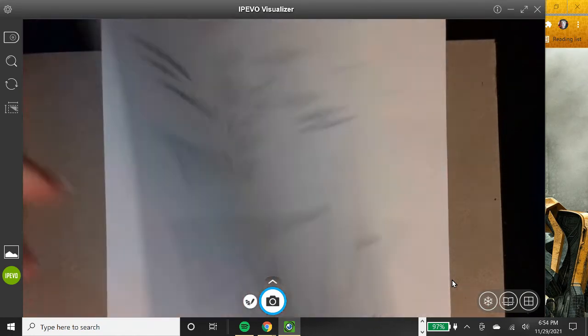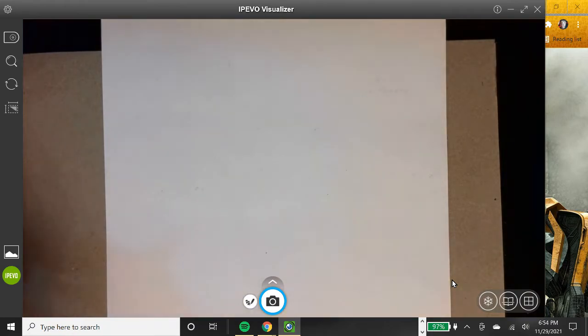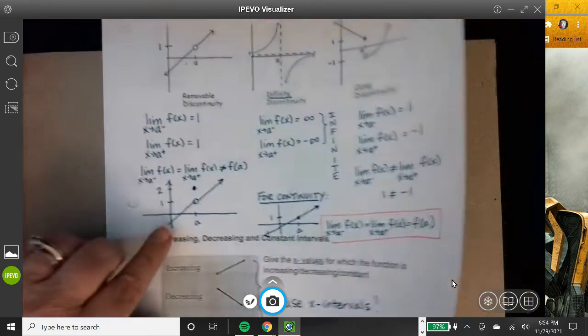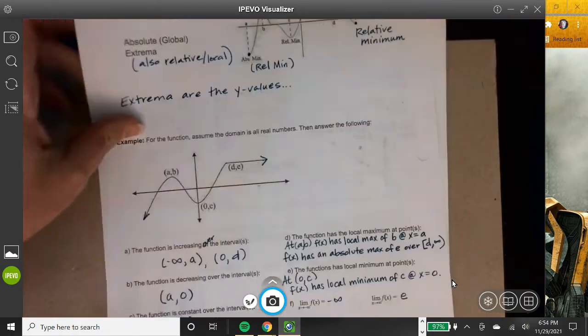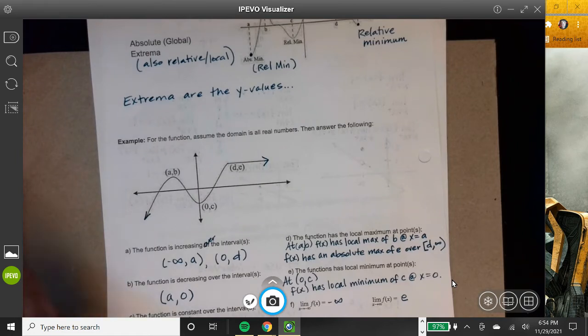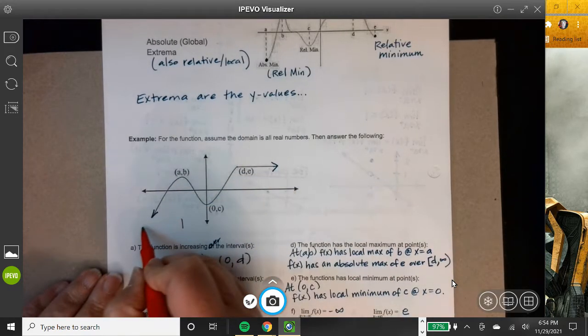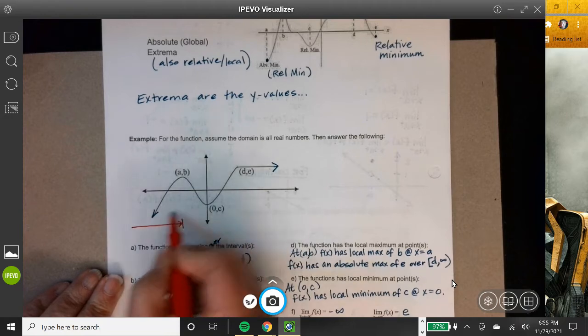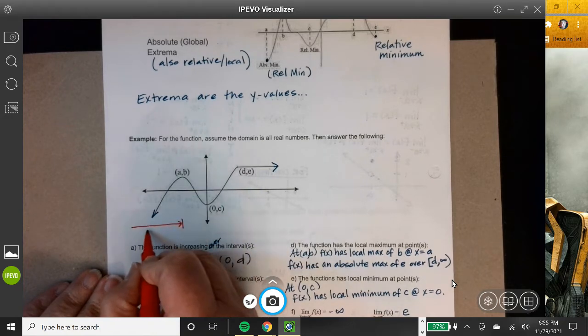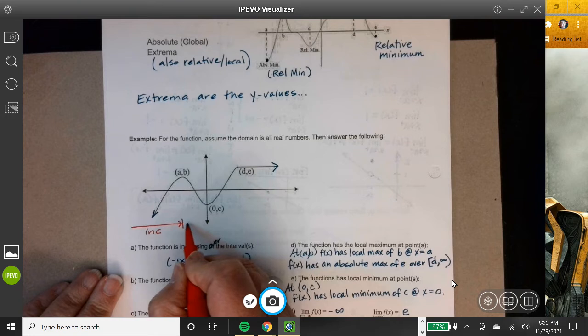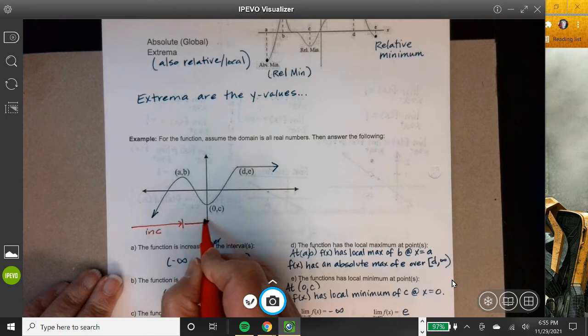All righty. Moving along here. Now, if you struggle a little bit with the increasing, decreasing stuff, this is what I recommend that you do. This helps sometimes. On the bottom here, my function is increasing from negative infinity to, I get here, right? So it's increasing. And then what happens? It's decreasing till I get to here.